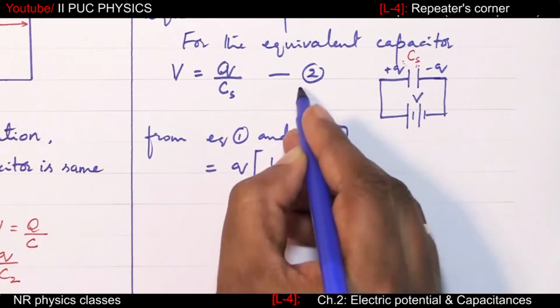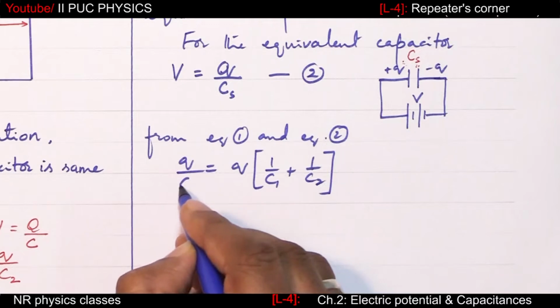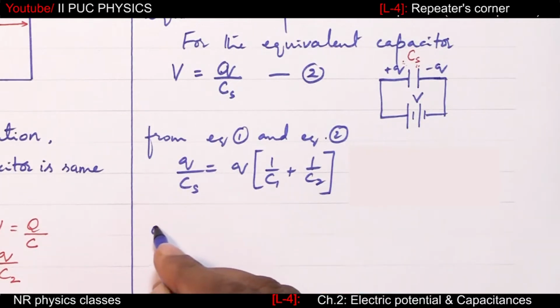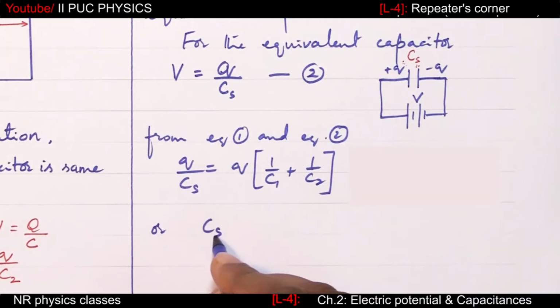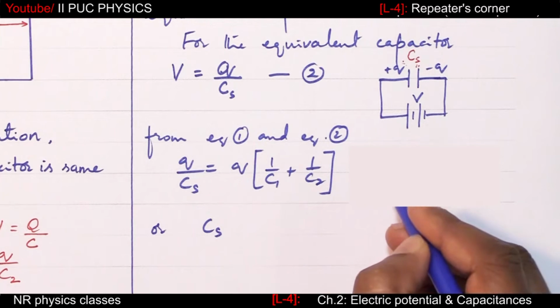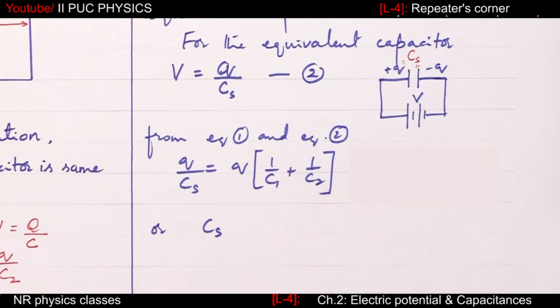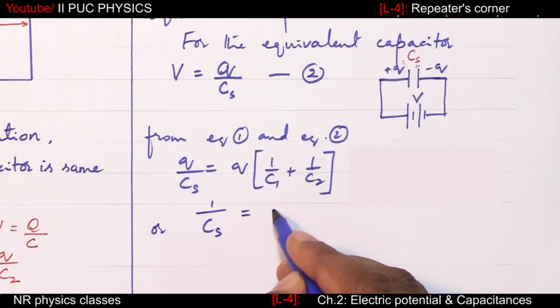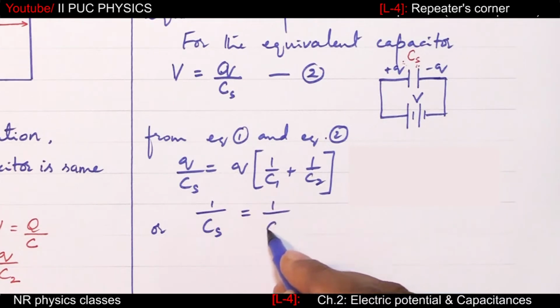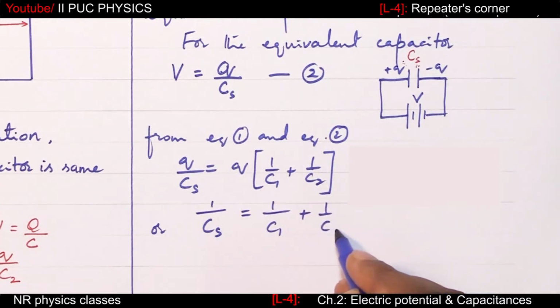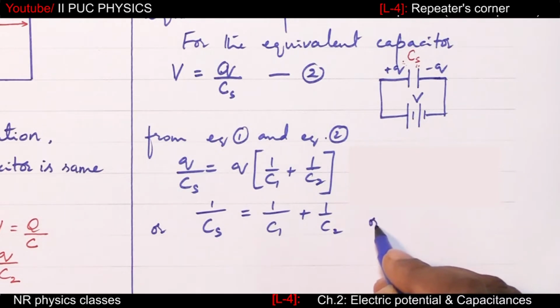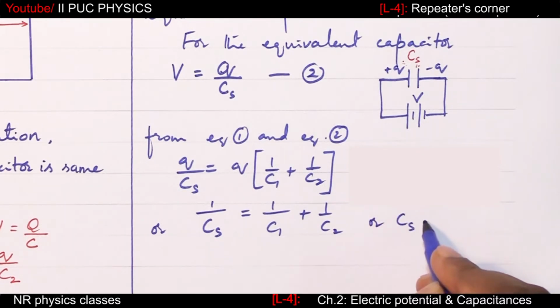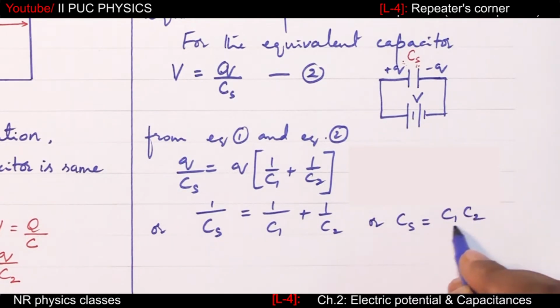And equation 2 is Q by CS, or one by CS equal to 1 by C1 plus 1 by C2, or CS equal to C1 C2 by C1 plus C2.